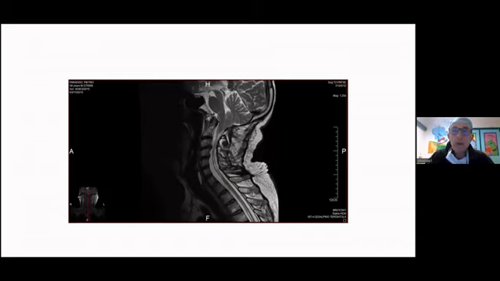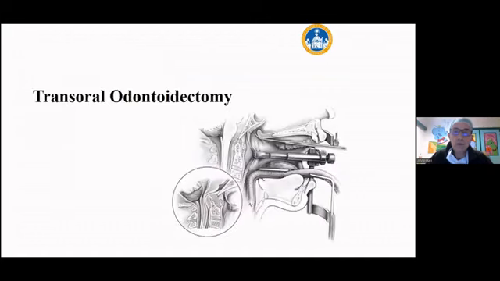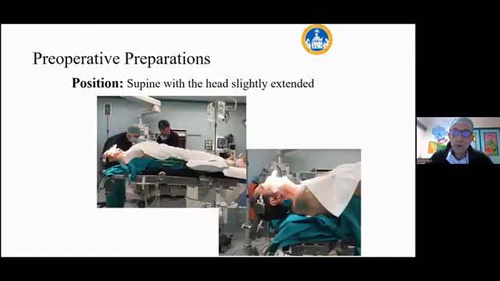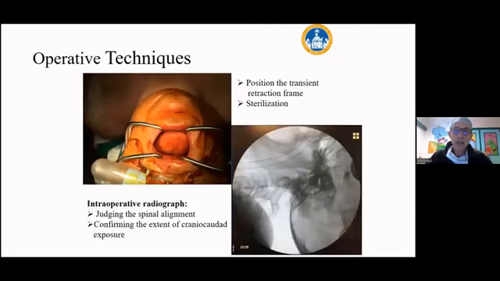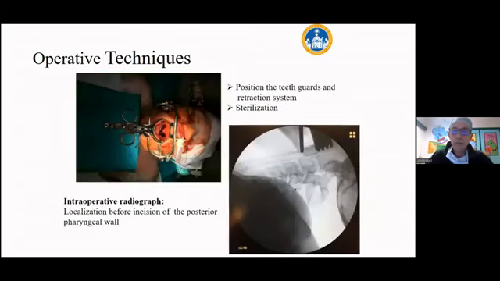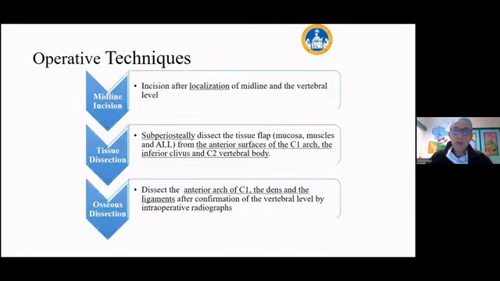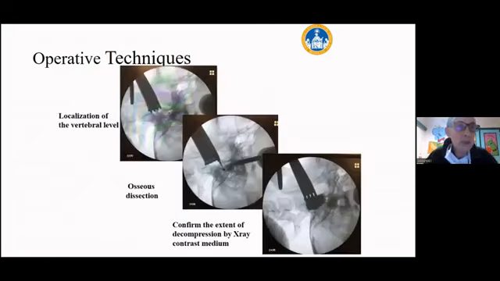But the basilar invagination associated with the Chiari malformation required anterior decompression by means of a transoral approach, with light traction and extension of the head on the neck, using neuronavigation, proceeding with the classic Crockard distractor, and following all the step-by-step procedures like subperiosteal isolation of the craniovertebral junction complex.